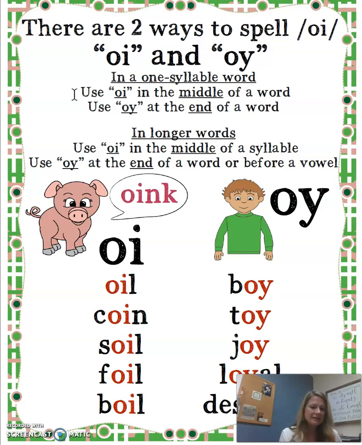And most of the time, almost all of the time, OY is going to be at the end of a word for both your one syllable and your longer, and in the middle of a word or in the middle of a syllable when there's a vowel that follows. So that should help to make your life a little easier with knowing when to choose between OI versus OY. Think OI, middle, OY, end, and there's just a couple little exceptions.